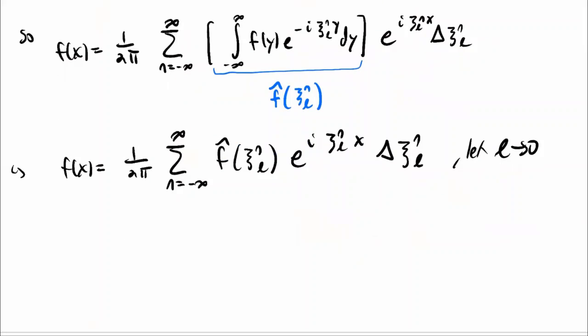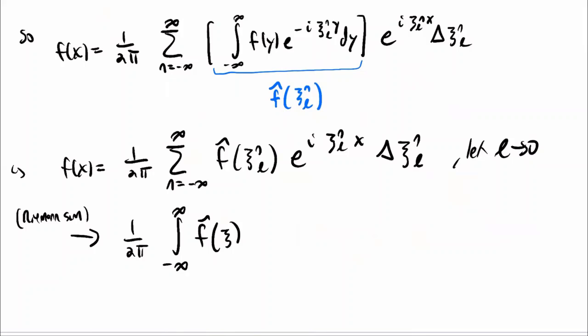And so in particular, as I let L go to infinity, this Riemann sum will converge to 1 over 2 pi times the integral from minus infinity to infinity of this function f hat of xi times e to the i xi x d xi. Right, so this quantity here converges to the d xi, right?